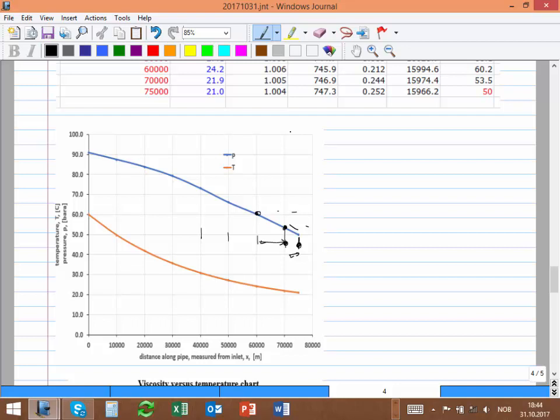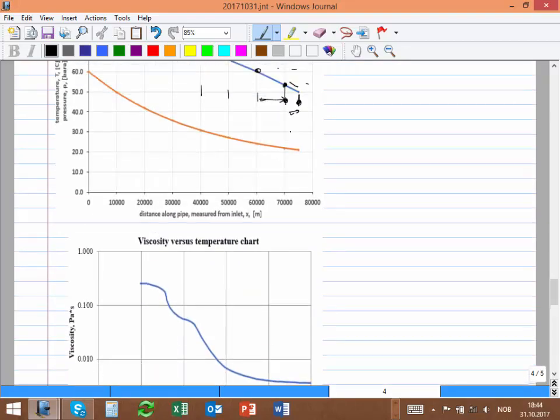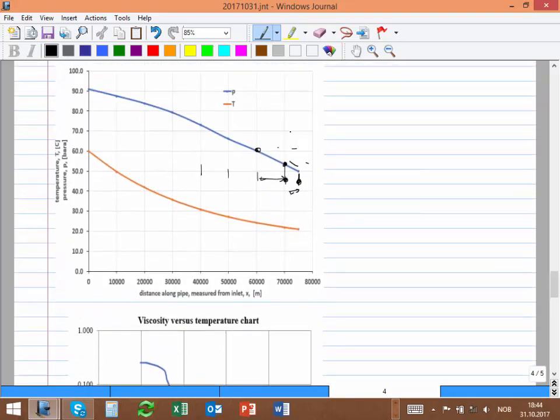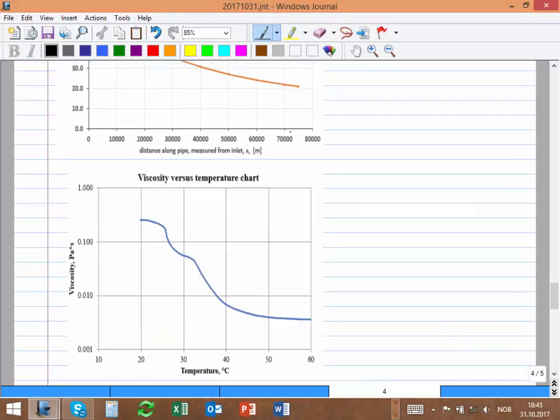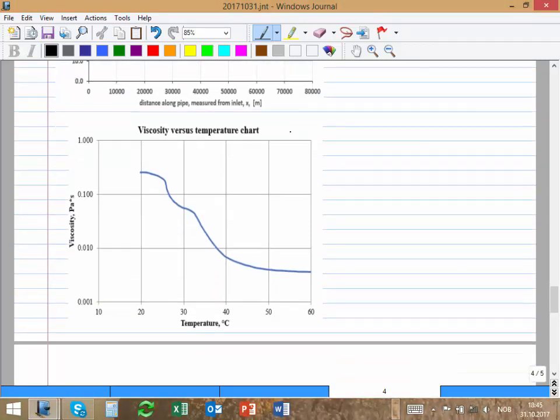But here you can see it's very, very important. And so I ask you, are we going to have wax problems in this pipeline? If you remember the discussion yesterday, there were many things discussed, but one of them was that in this linear segment, this is the cloud point, right?